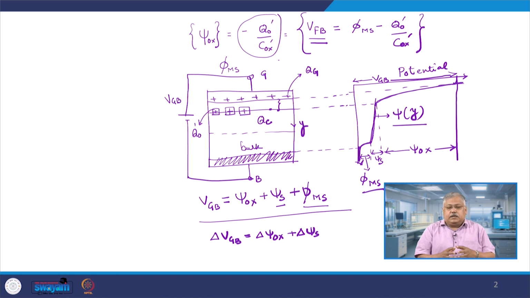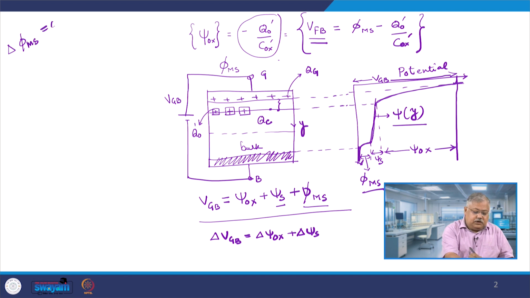Any gate to bulk voltage change which you make will finally get reflected in the change in the oxide and the surface potential, because phi ms is almost constant. Once you have fixed the metal and the semiconductor, the phi ms value depends only on the contact potential of these two. So I can safely say that delta phi ms is always equal to 0.